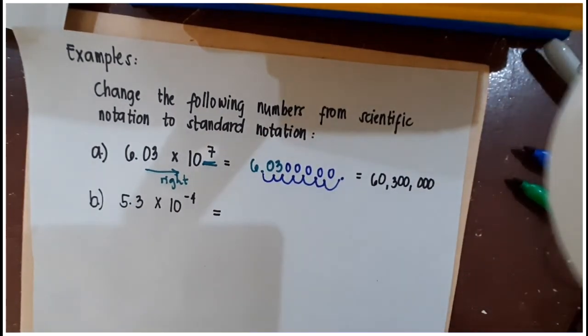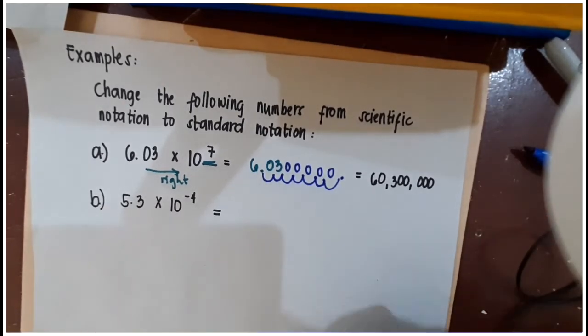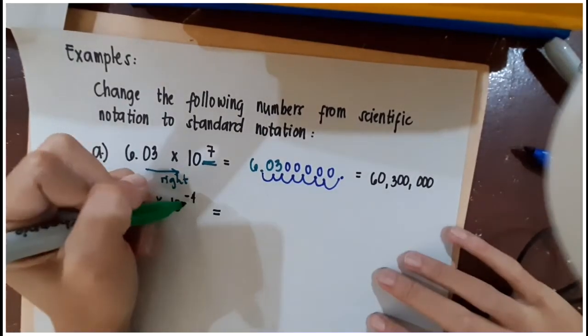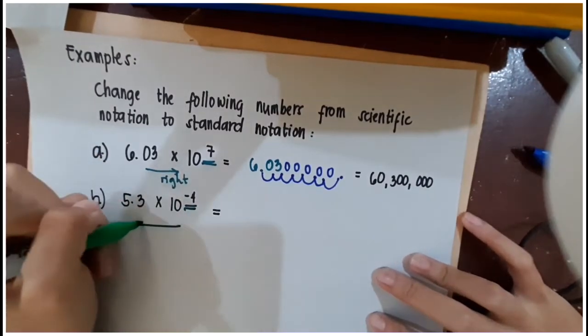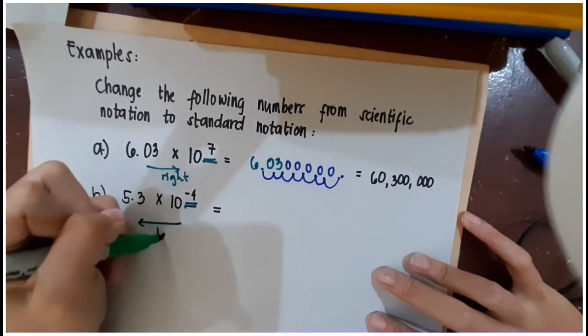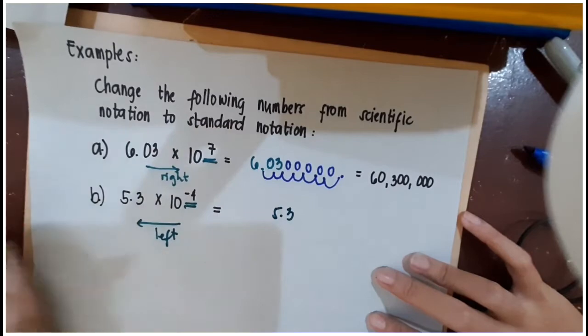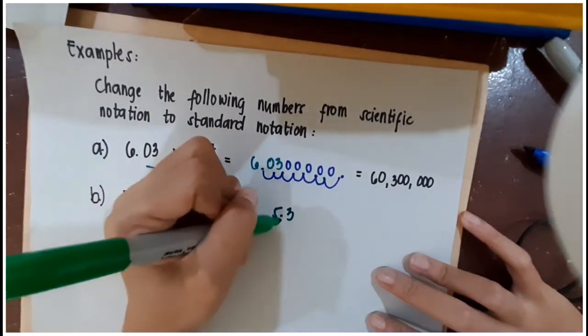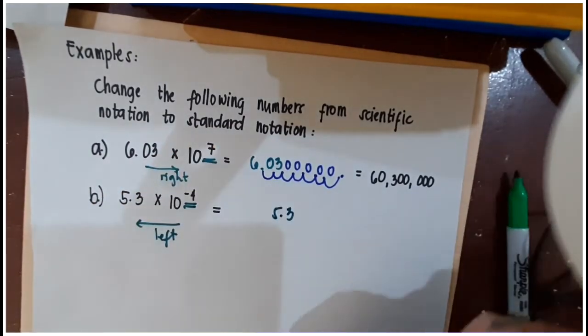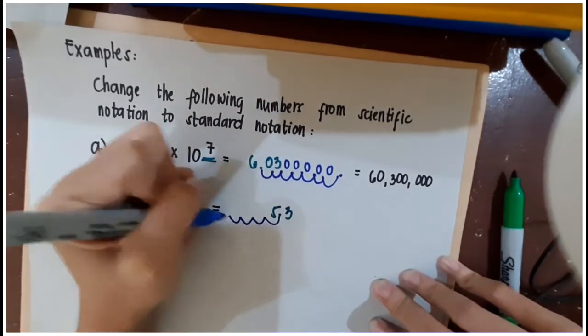Okay. For the next example, that's 5.3 times 10 raised to negative 4. You have a negative exponent, so you move your decimal point going to the left. So you write here 5.3, and then since it's negative, you go to the left. 1, 2, 3, 4.